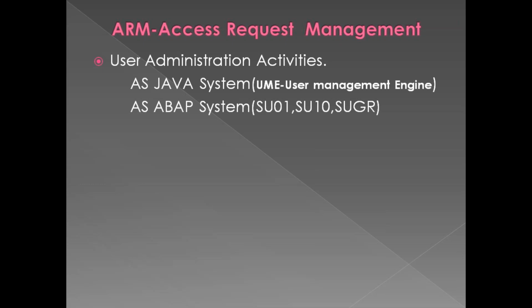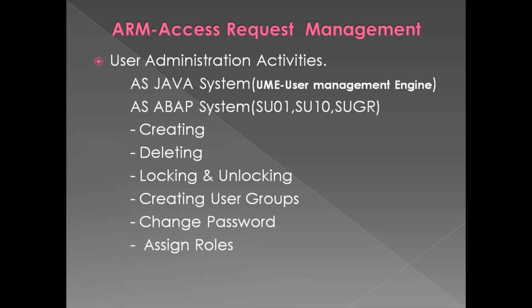These transaction codes are used for user administration. In either an AS Java or AS ABAP system, we are creating, deleting, locking, unlocking users, creating user groups, changing passwords, and assigning roles. Everything comes under user administration activities.